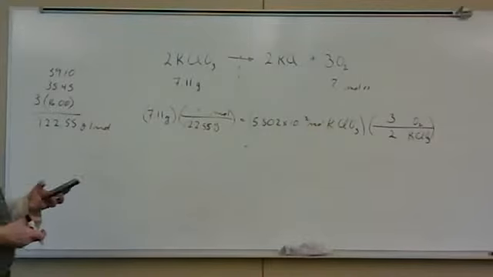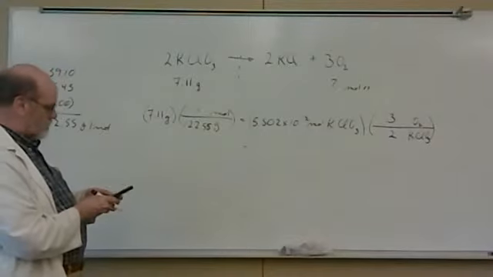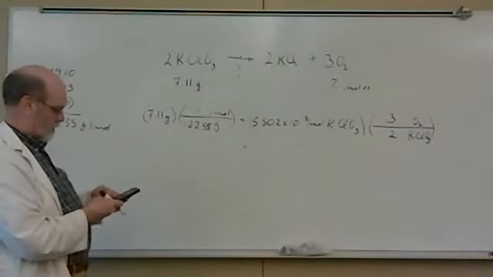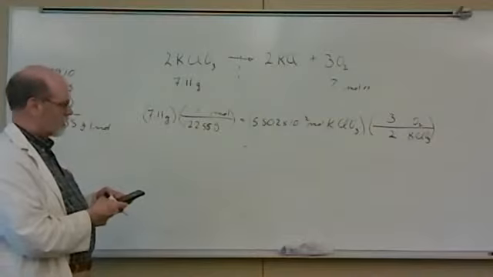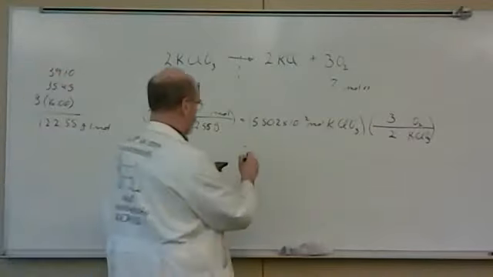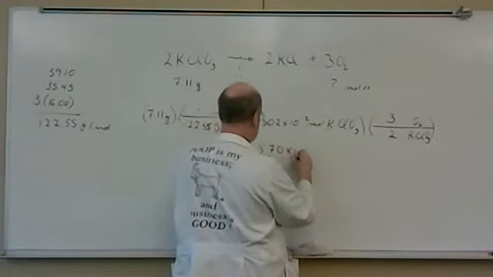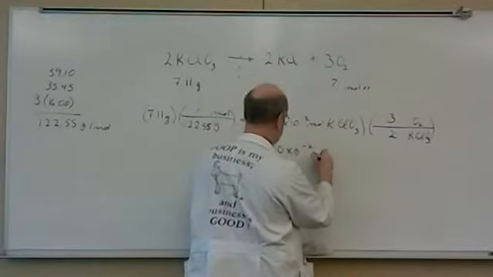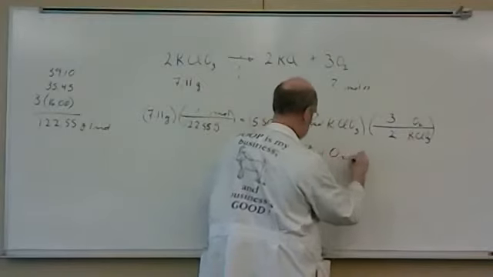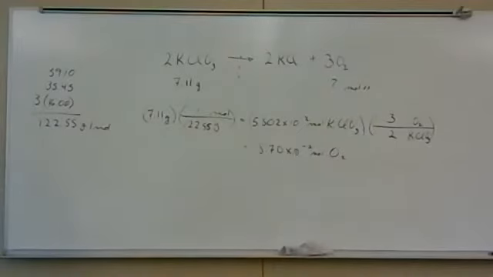I get 1.5. Is that right? 5.802, 3 times, 2 divided. There we go, that's better. 8.7 times 10 to the minus 2 moles oxygen. That's how many moles of oxygen are produced by the decomposition of potassium chlorate.